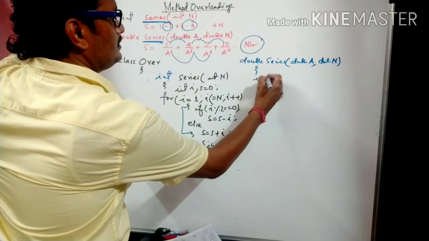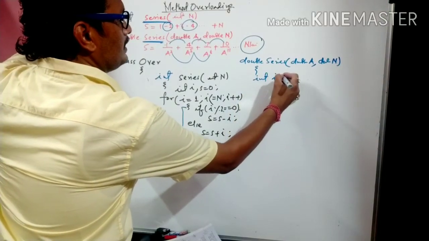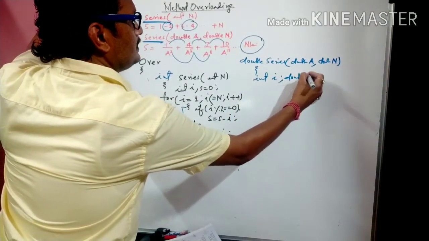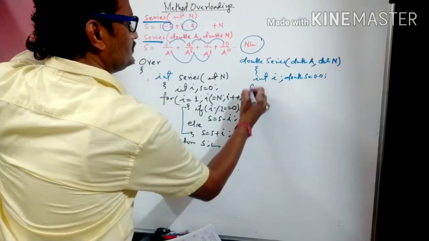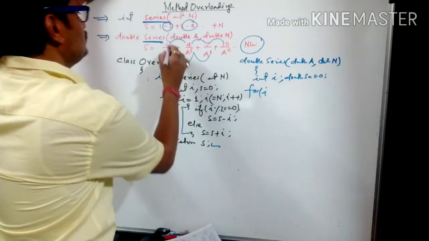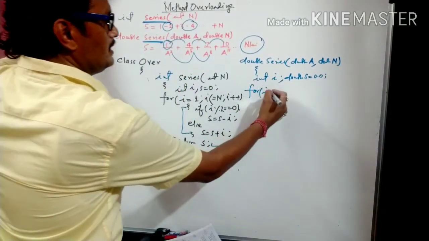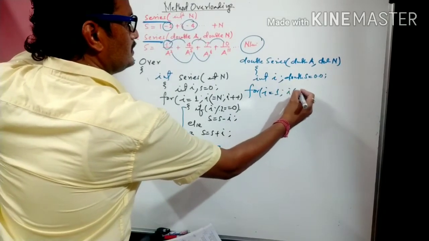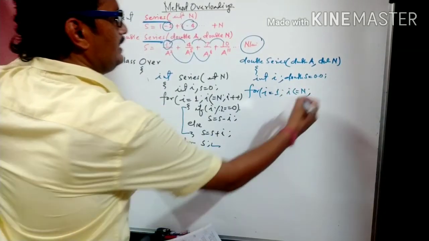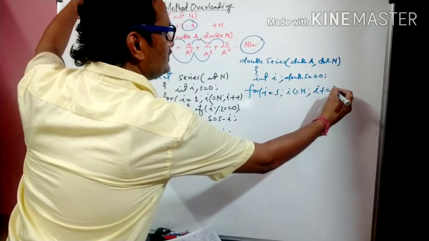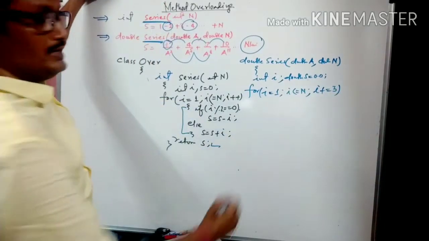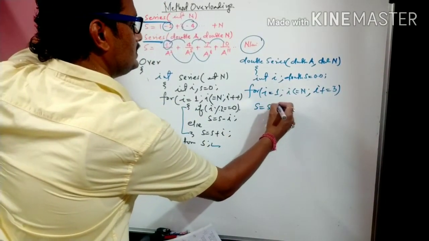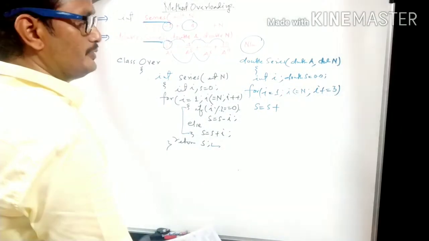Here I am taking integer i, and double s equal to 0.0. The starting part is i equal to 1, the last value is n, and the increment is 3, isn't it? Now s is equal to s plus, no need of typecast because it is a mixed expression.